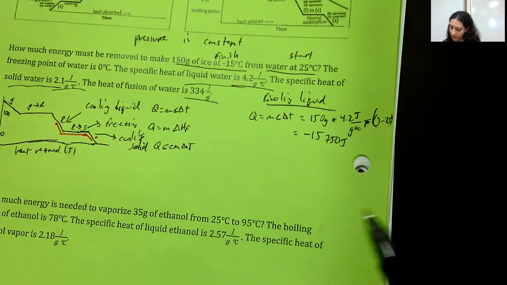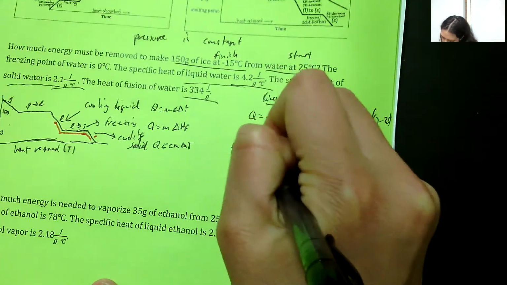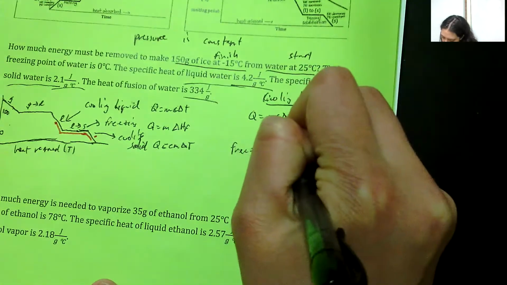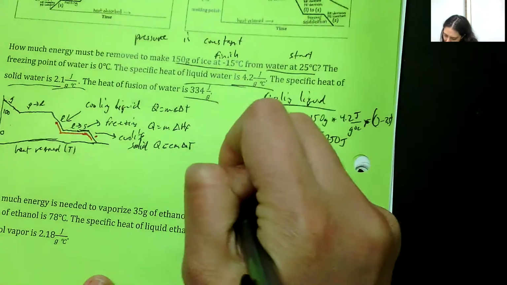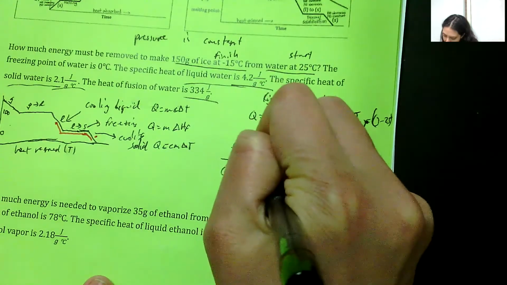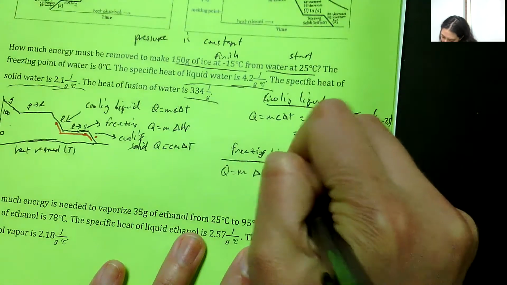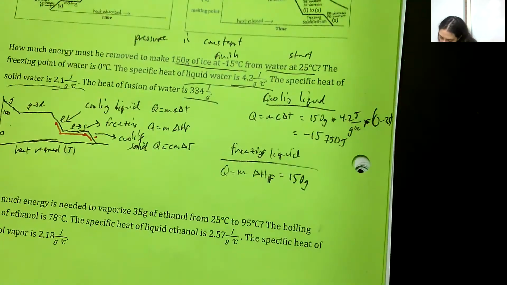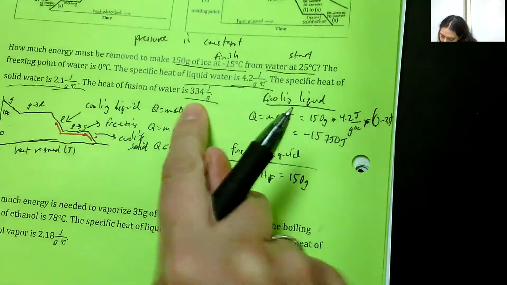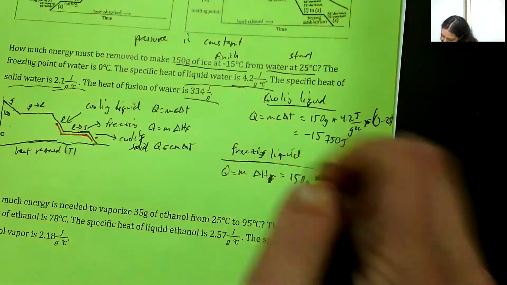Now we need to actually freeze the water. So freezing the liquid is the next step. That's going to be our Q equals M heat of fusion. So we have our mass of water, it's 150 grams, and the heat of fusion is right here, 334 joules per gram.